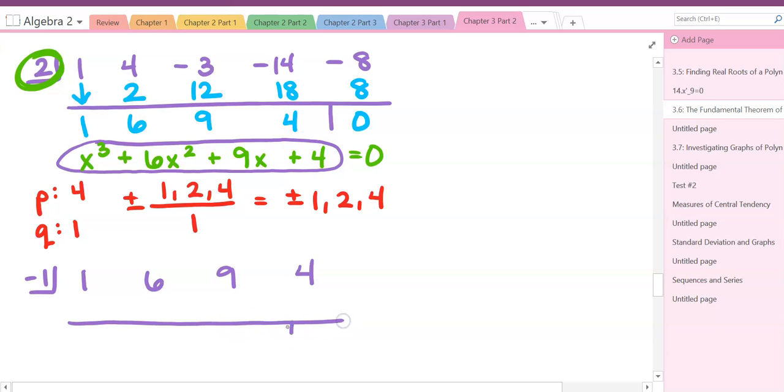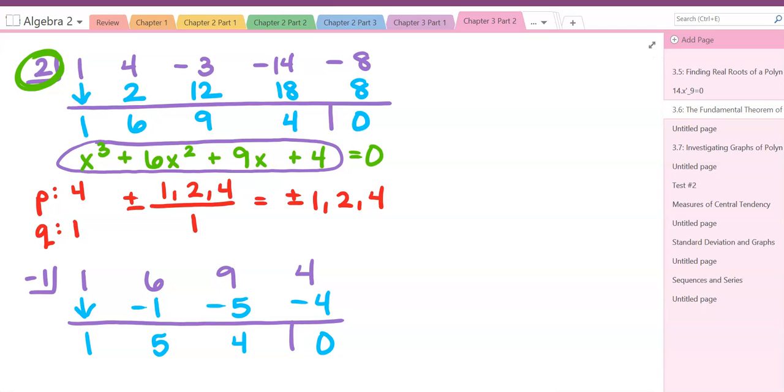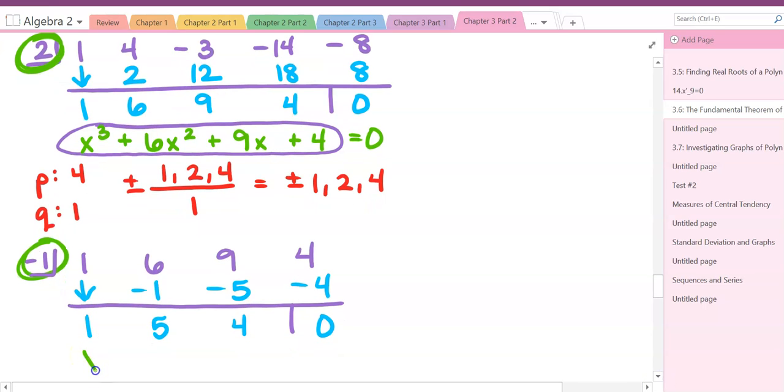And we're going to do that same thing again. Okay, so -1 is another 0. That works. So then I'm going to go ahead and write a new polynomial. So it's going to say x squared plus 5x plus 4.